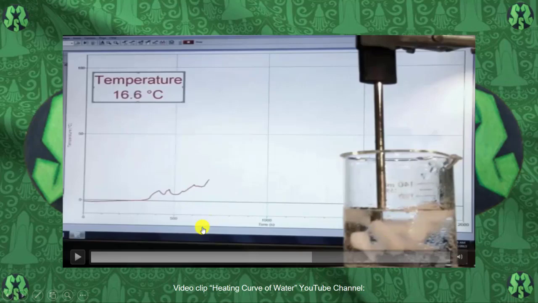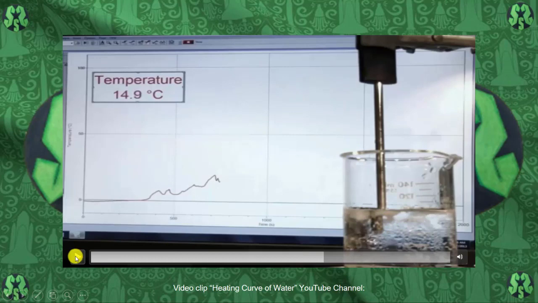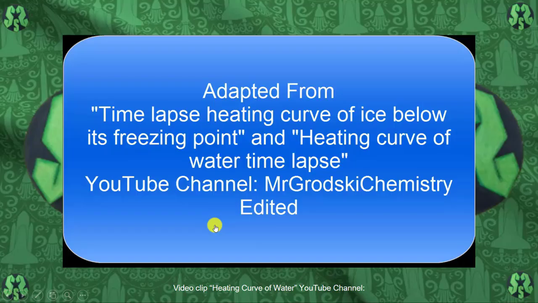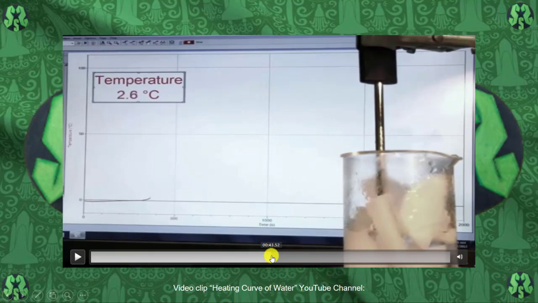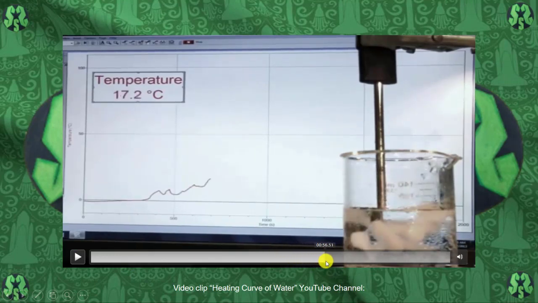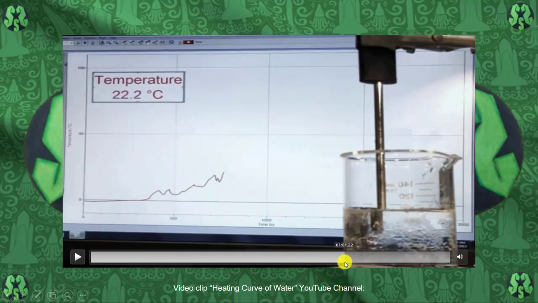There's still ice there. Now, if we watch what's in the beaker, almost all the solid water is gone. And once that solid water is gone, that's where it gets really interesting. So here's the ice cube, the solid water. The solid water is now gone.